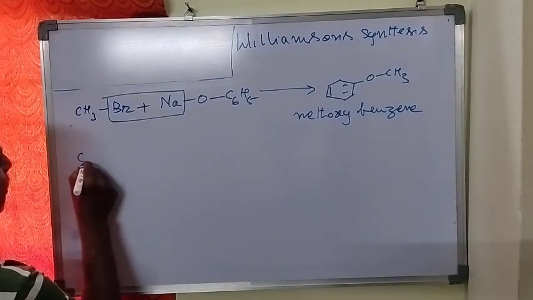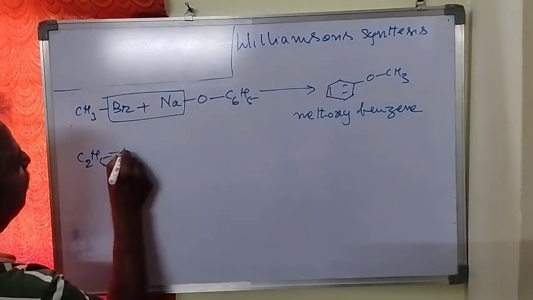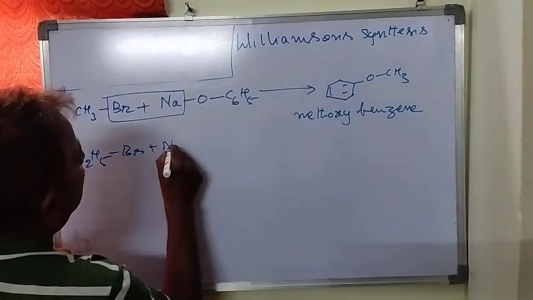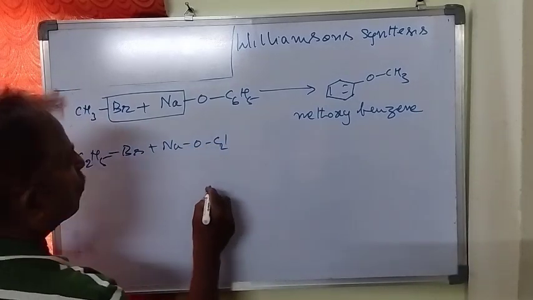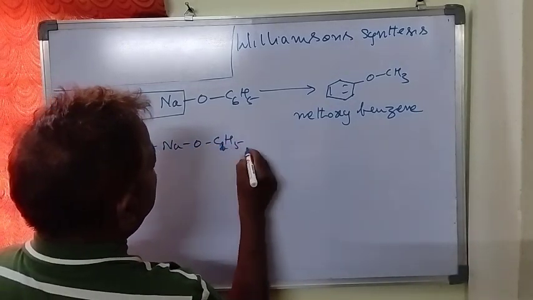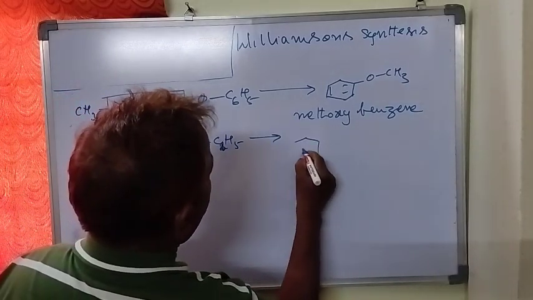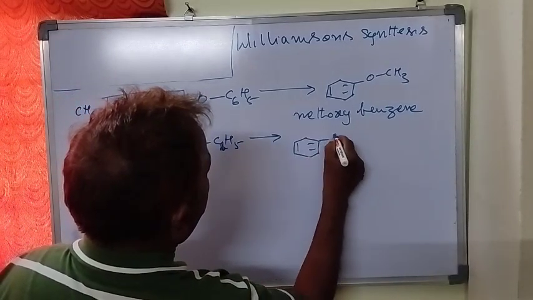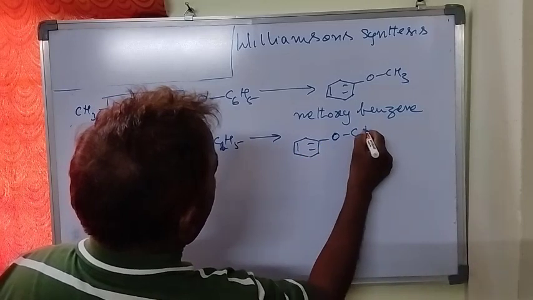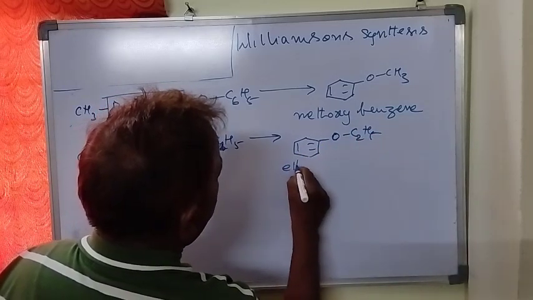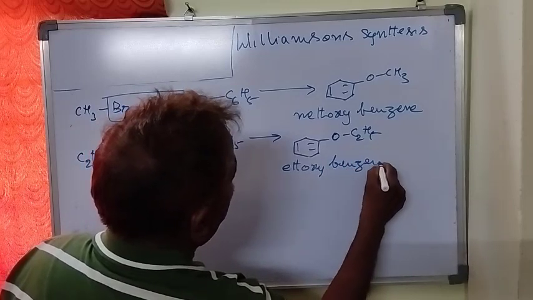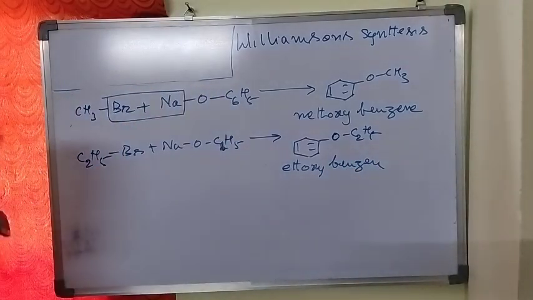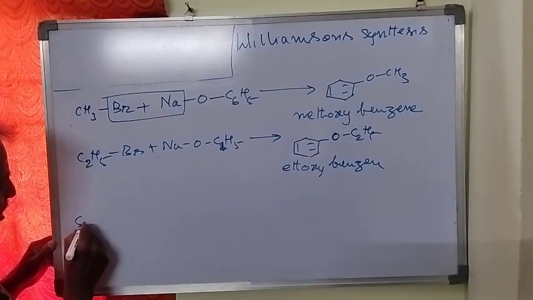If you take C2H5Br plus sodium phenoxide, C6H5ONa, we get C6H5OC2H5. This is ethoxybenzene.